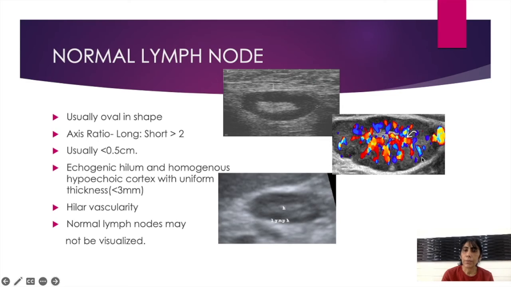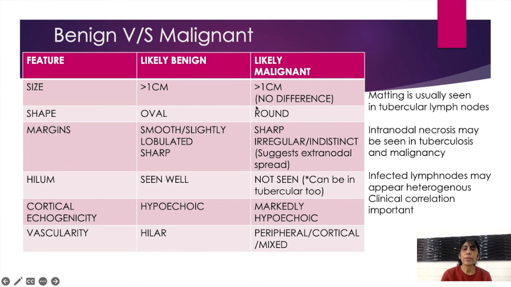This is normal, despite the fact that it looks highly vascular, but the vascularity is almost in the central part, right? So you cannot rely on any one feature for differentiating between benign and malignant. There can be an overlap, especially you have to be careful with infected lymph nodes, and you have to relate it clinically also to come to a final point.